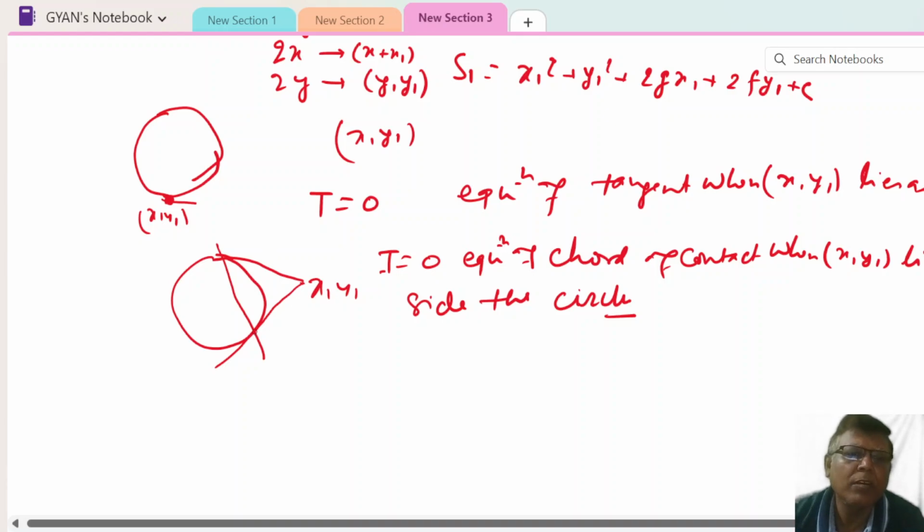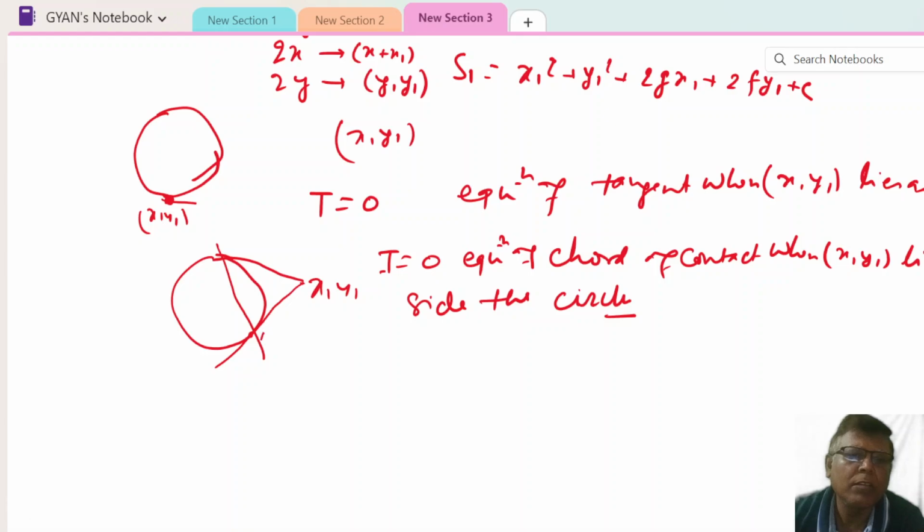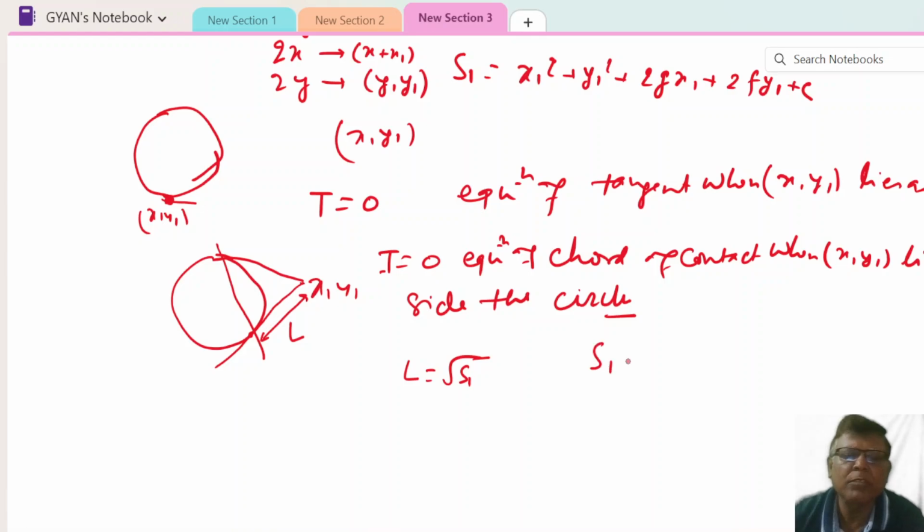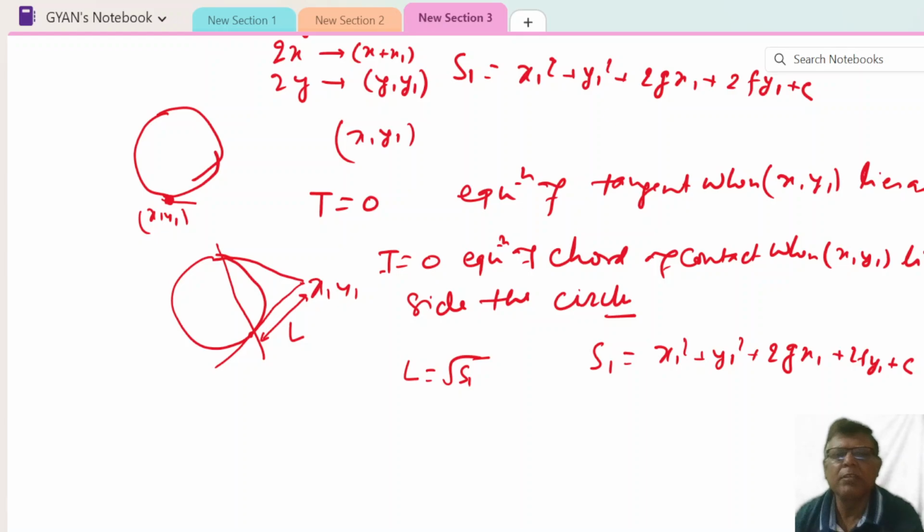If this length is L, then L is equal to root S1. S1 we know: x1 square plus y1 square plus 2gx1 plus 2fy1 plus c.